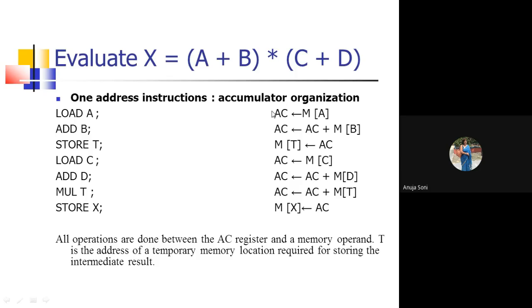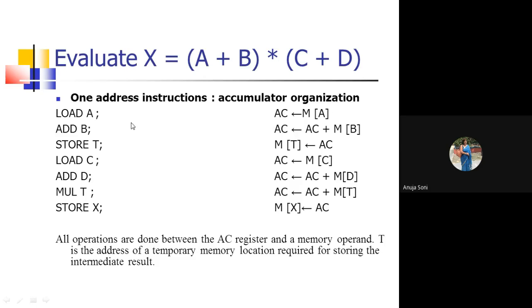So prior to performing the add operation, the value from the A location should be loaded into the accumulator register. Load A means the value retrieved from the A location should be loaded into AC. So prior to that, we have applied load. How will it work? It will retrieve the contents from this location in memory and store them in the accumulator register.